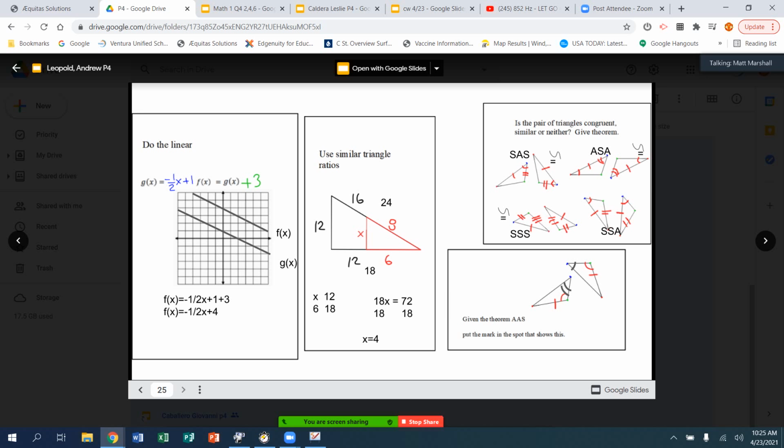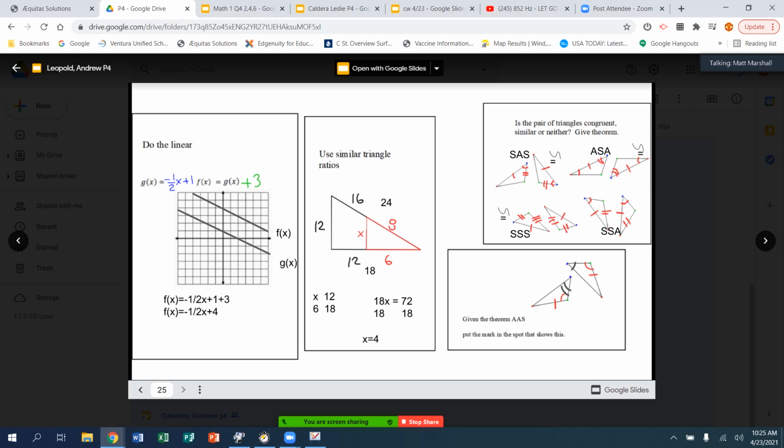How about this? You obviously know what you're doing. For the middle one, can you give me a different ratio that works, Andrew, to show us how you could write a different set of fractions maybe to get that same answer? So could you mix it up? Can you, instead of going x over 6, can you set it up 8 over x?